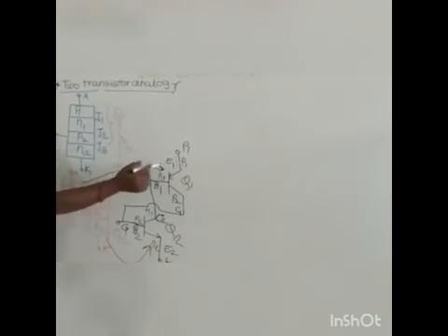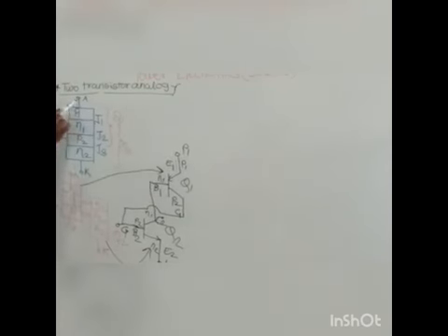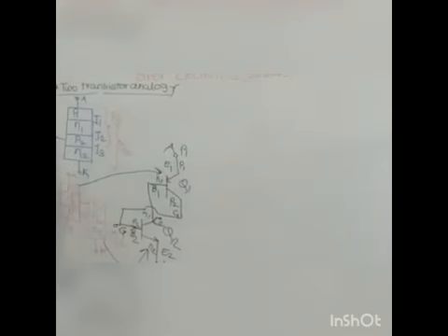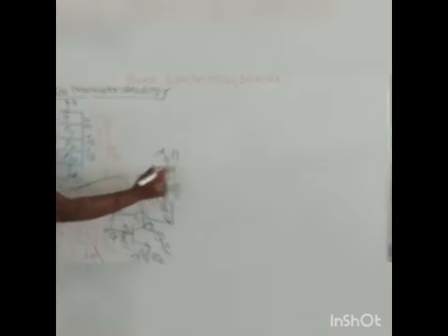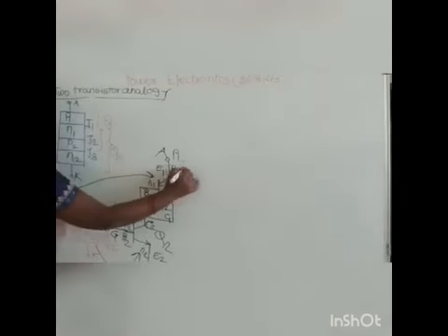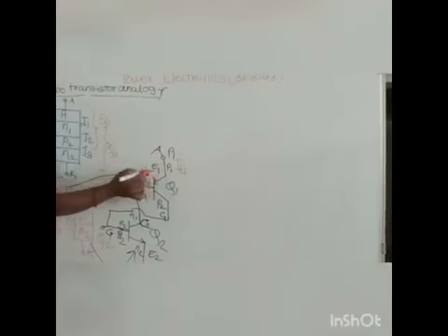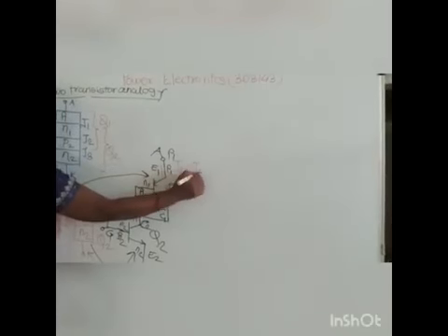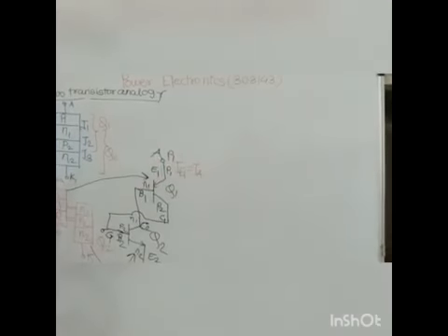Here we can observe that this emitter 1 terminal is also called an anode. Means we can say that current flowing through this terminal is IE1, and it is equal to IA because this terminal is also called the anode.